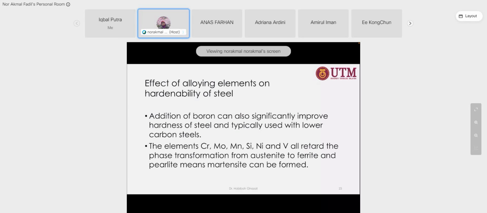The elements chromium, molybdenum, manganese, silicon, nickel, and vanadium all retard the phase transformation from austenite to ferrite and pearlite. If you retard the pearlite and ferrite formation, you can obtain martensite.